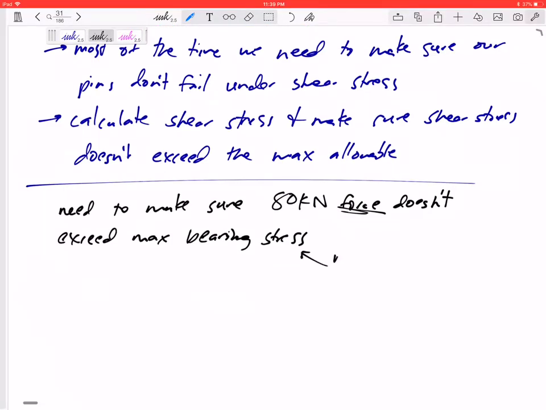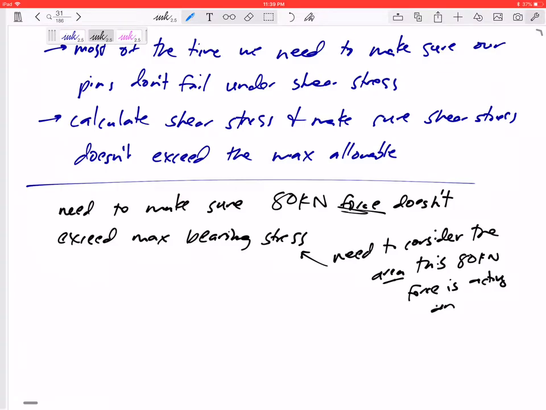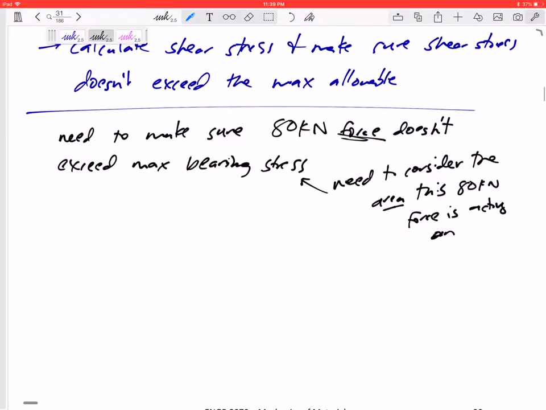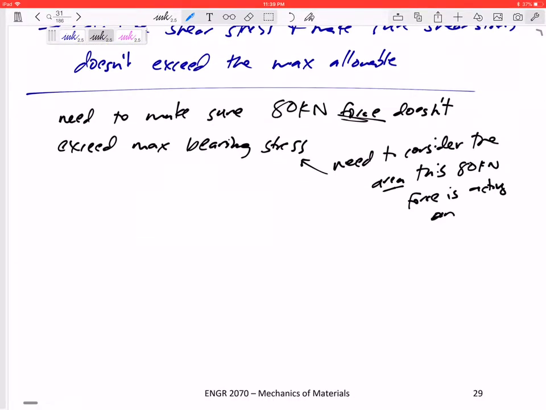So we need to consider the area this 80 kilonewton force is acting on.